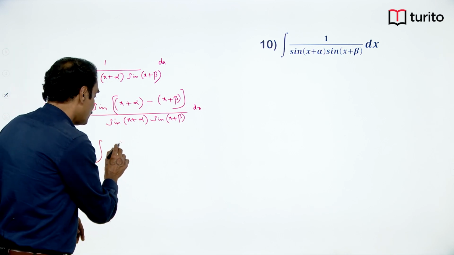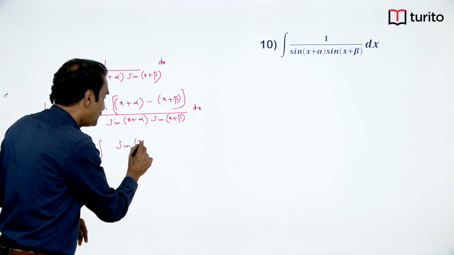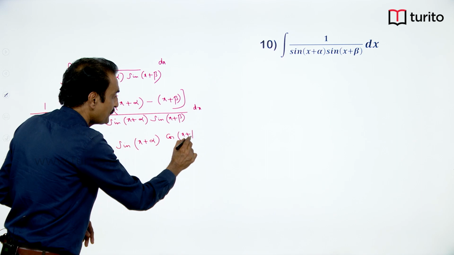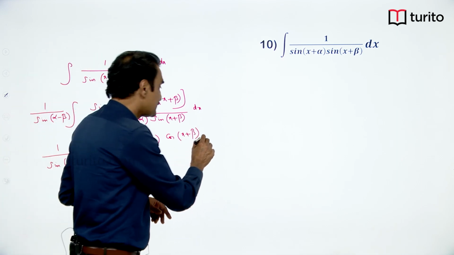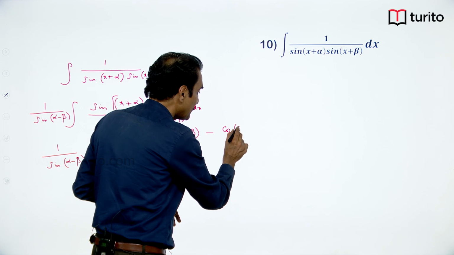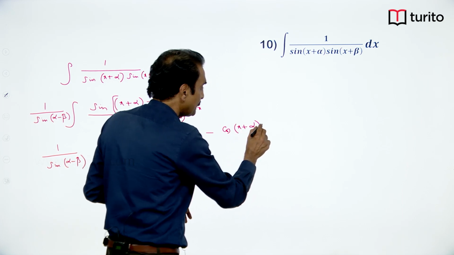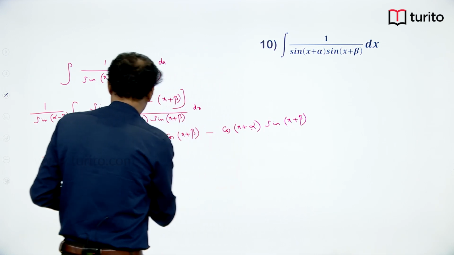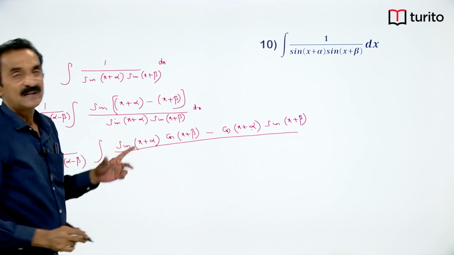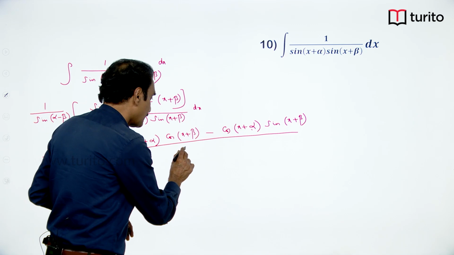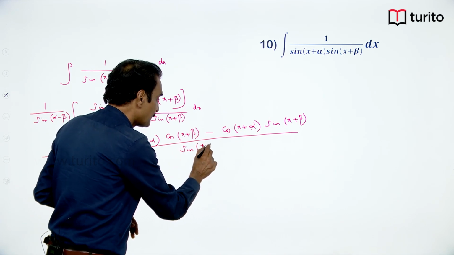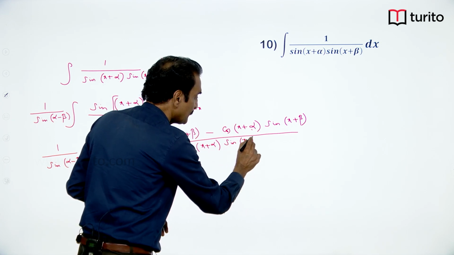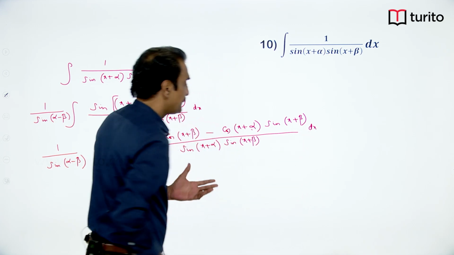Okay. Sin of a minus b is sin a cos b minus cos a sin b, by sin x plus alpha into sin x plus beta. Right.